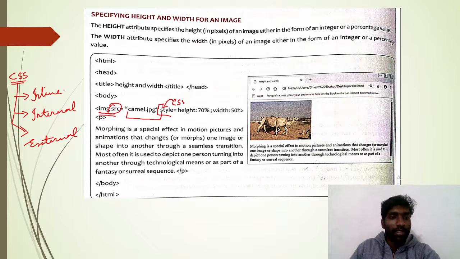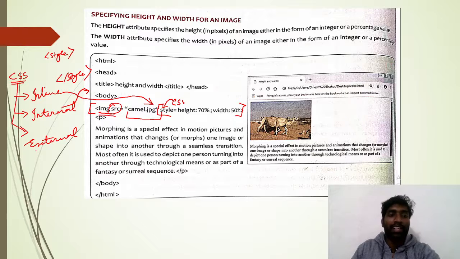Inline means this CSS we will write inside the tag. Here the image tag is there, and inside the tag we are writing, so it is called inline. Internal means before the body tag we will open with style and close with style.